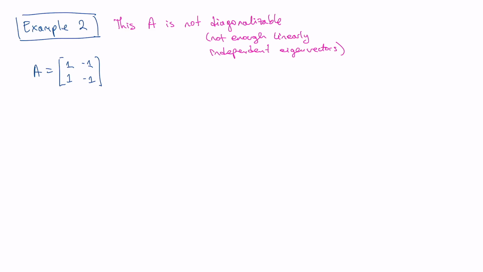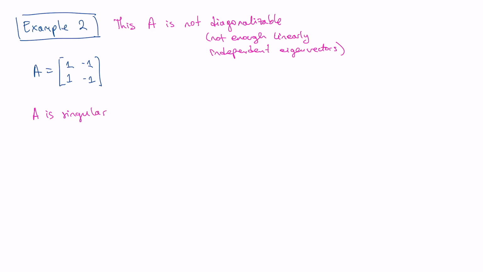But when we have the same eigenvalue, it could happen that the eigenvectors are insufficient, that you have only one eigenvector rather than two. So what's going on here? I could solve the determinant of A minus lambda I, or I could make some observations. Clearly, this A is singular.